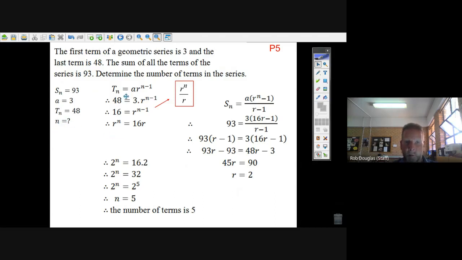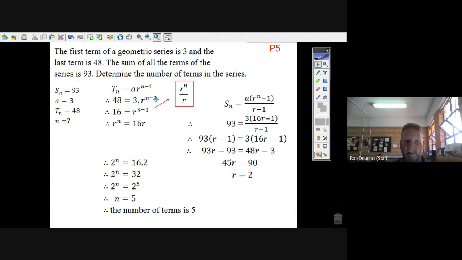Well, the first thing is you write down the formula for the nth term. You know the last term, Tn, is 48. A is 3, so you write that down, times r to the n minus 1. You've got that formula. Now, there's a bit of a trick here. It might be a little bit hard to see. When you see r to the n minus 1, it really means r to the n times r to the minus 1. And r to the minus 1 is 1 over r.